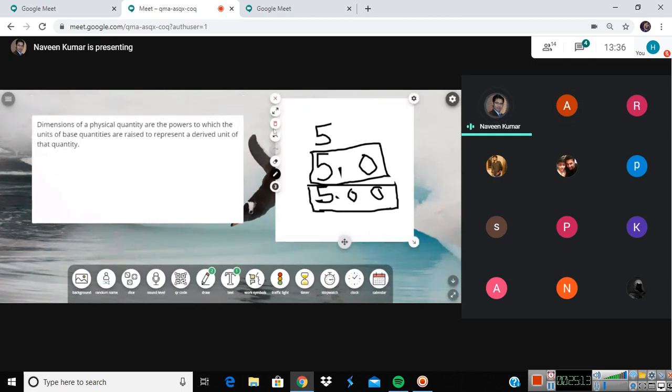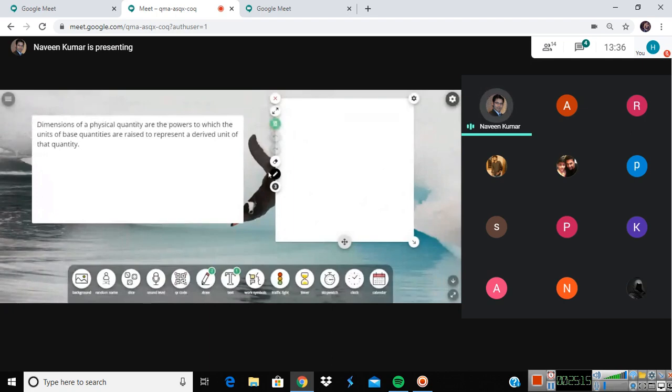One more thing about this dimension is, at the time of writing the dimension, we are supposed to use the square brackets. And all the dimensions can be written in L, M, and T, or the other 7 fundamental quantities that we can use.